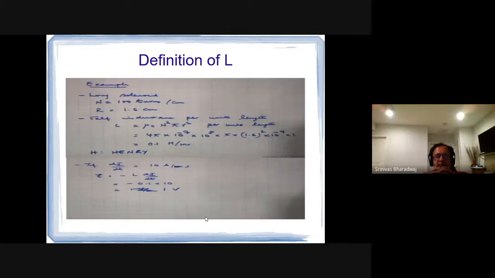Now the measure for L, which is the inductance, the self-inductance or inductance, as we generally call it. The measure for inductance is Henry, and therefore L is measured in Henrys. It has the same dimensions as V divided by di by dt, or as you know, V equals IR.